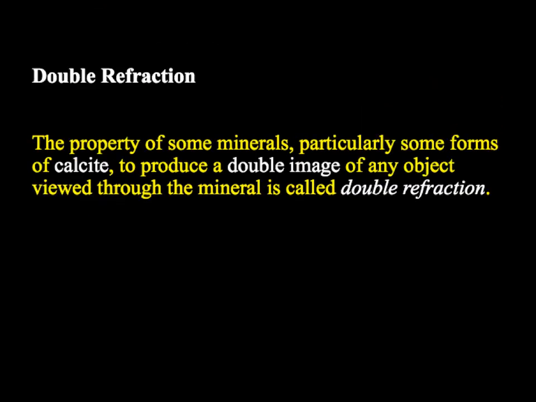And the last one is double refraction. It's a property of some minerals, especially some types of calcite, and it produces what is known as a double image. If you look through it, you might tend to see double.